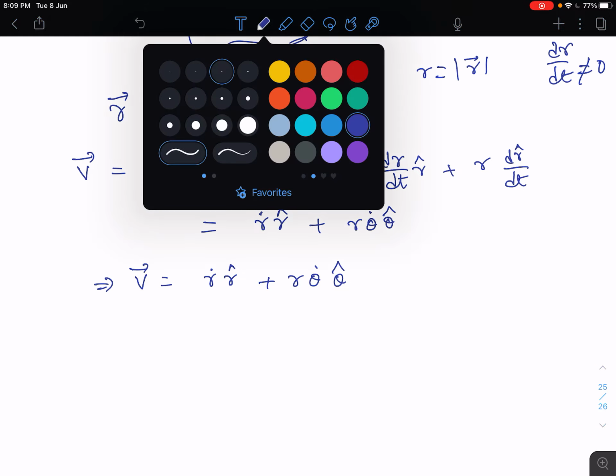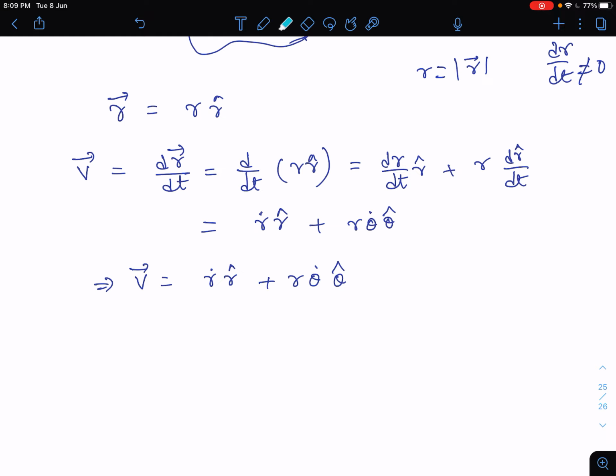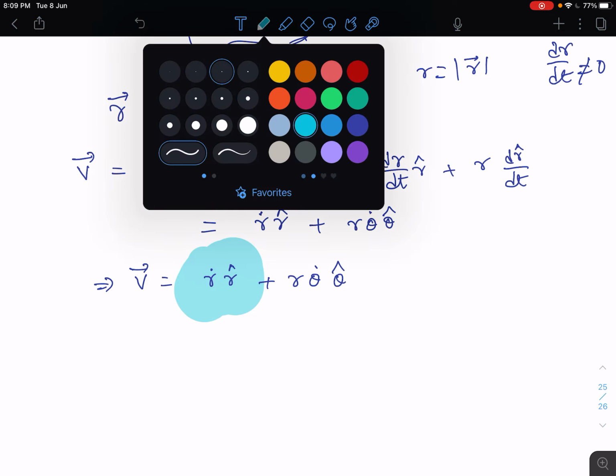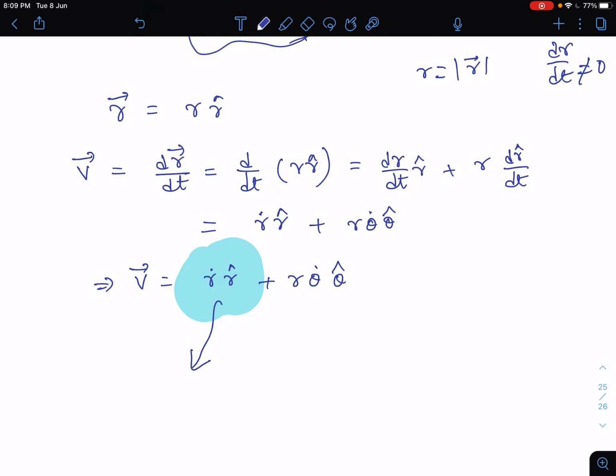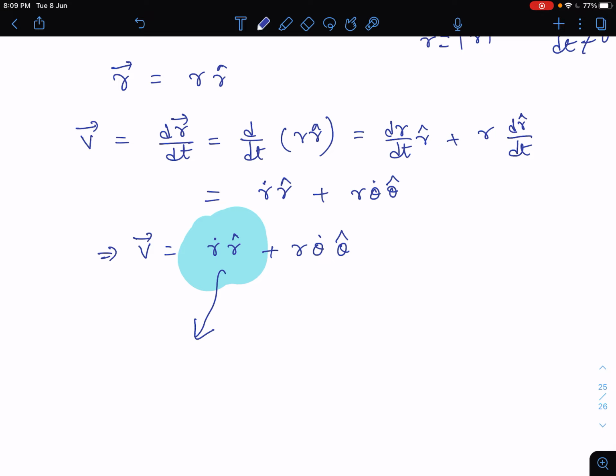So how do we describe these two terms? This term is nothing but the radial term, because this is the velocity along the radial direction, because r dot is here. So this is the radial part, or the radial velocity, and this is the tangential part.